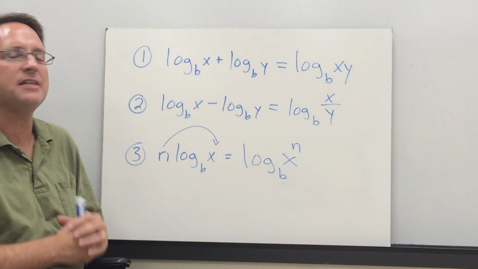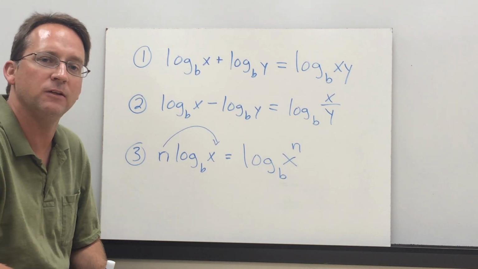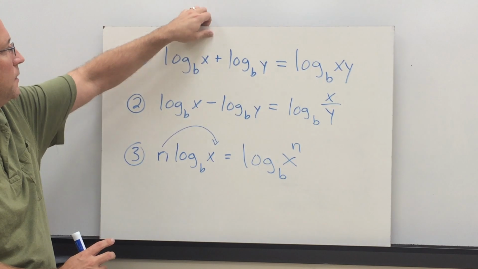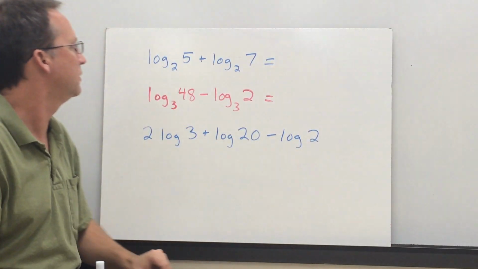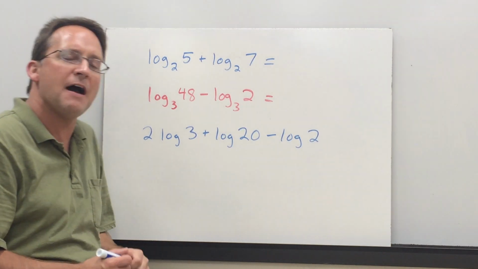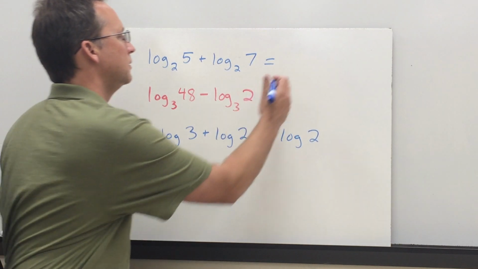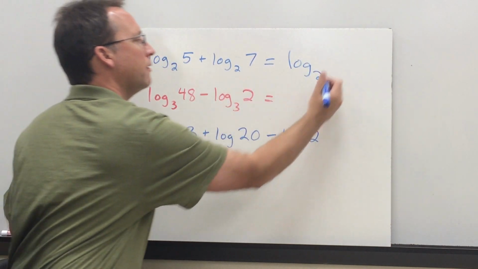I've got lots of examples that I want to do with you here using these properties to combine logarithmic expressions. All right. Here are several to get us started. I have the log base 2 of 5 plus the log base 2 of 7. The bases are the same, so I can keep that same base and multiply the arguments.